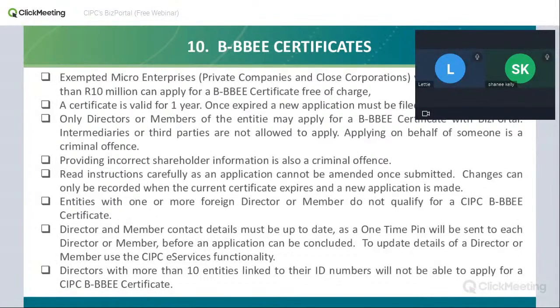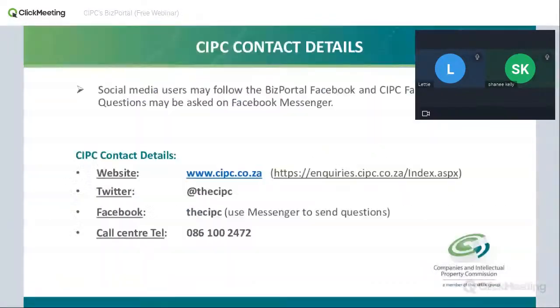Now, remember, this is important because if someone else is using your company or your ID number, you will not know. So make sure your details are correct and updated on our system. When you receive an OTP PIN and you did not use the services, you can report it. Directors with more than 10 entities linked to their ID numbers will not be able to apply for a CIPC BBBEE certificate. Okay.